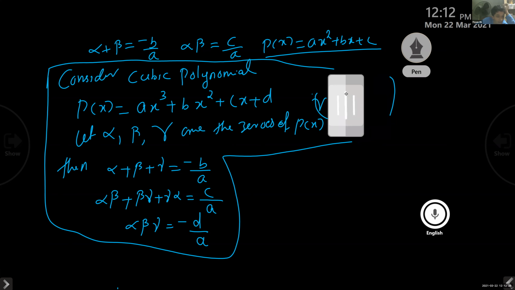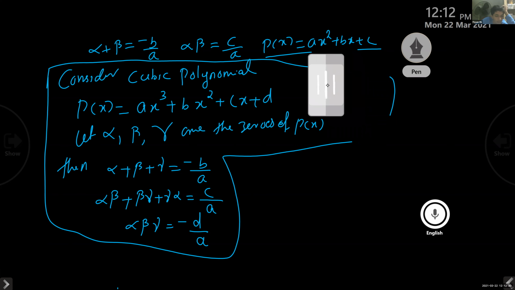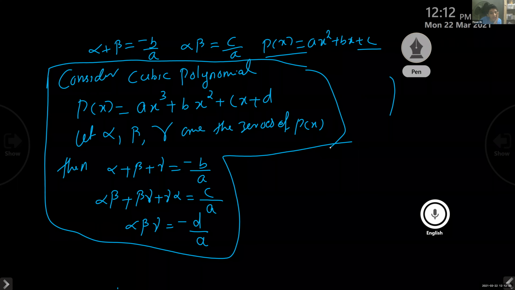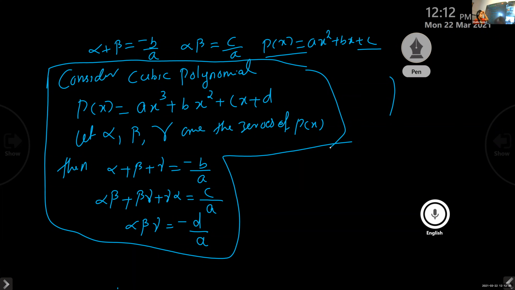Then alpha plus beta plus gamma is equal to minus b by a. Alpha beta plus beta gamma plus gamma alpha is equal to c by a. Alpha beta gamma is equal to minus d by a.